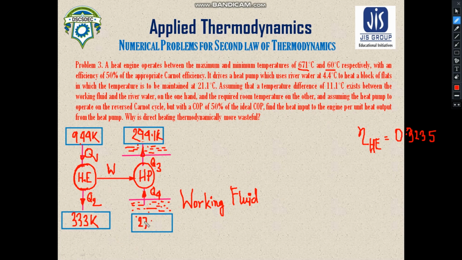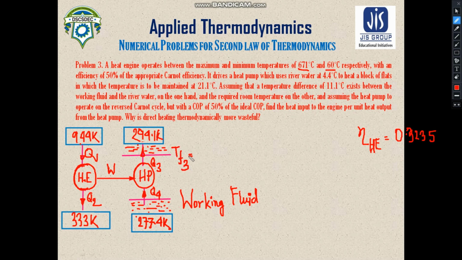And it is 4.4 degrees Celsius, so 277.4 Kelvin, right? Okay, now assuming that a temperature difference of 11.1 degrees Celsius exists between the working fluid and the river water. So here we will write the temperatures of the working fluid. Okay, so let us consider TF3.